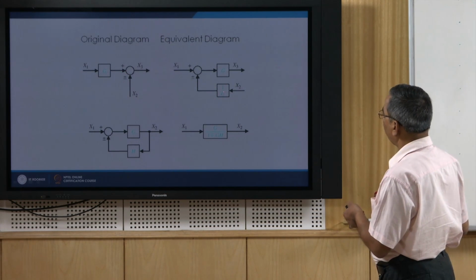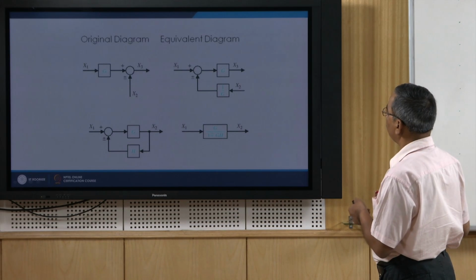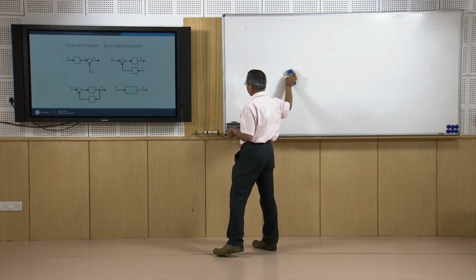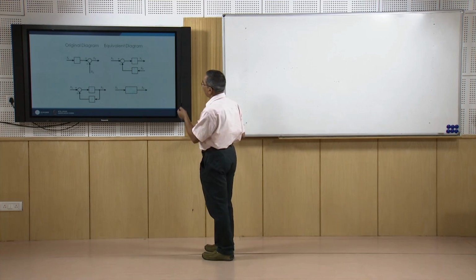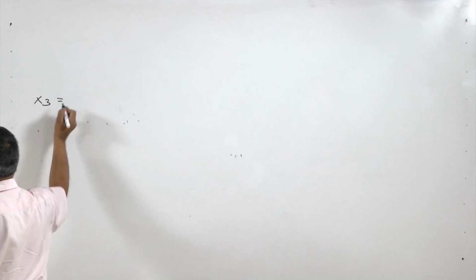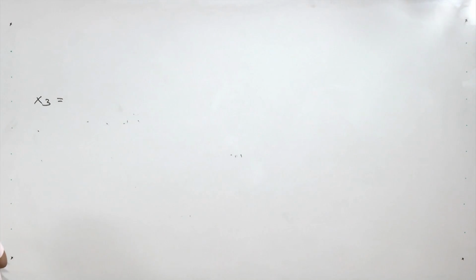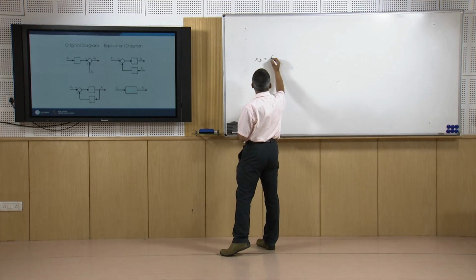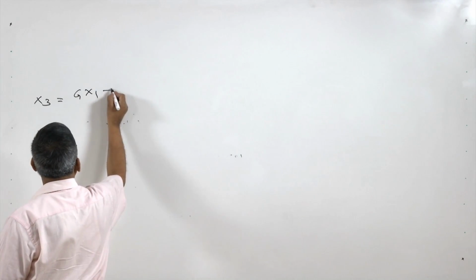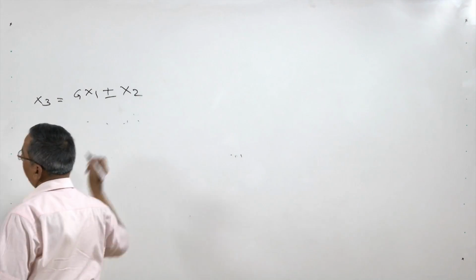Here we have to divide by 1 by g, and again we can establish the equivalence of both of these. In the first case, x3 will be g x1 plus or minus x2.